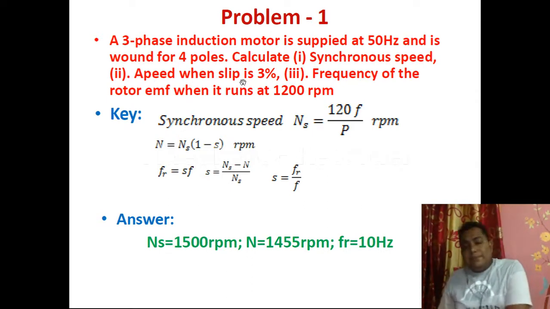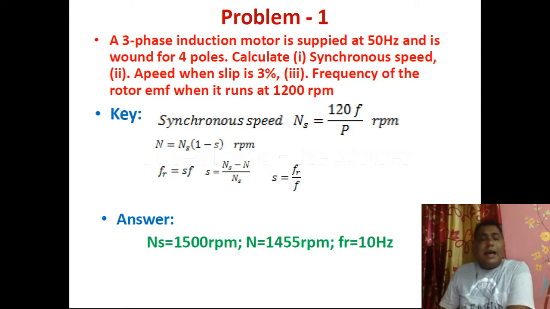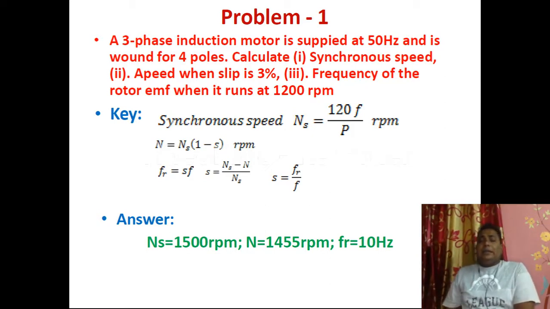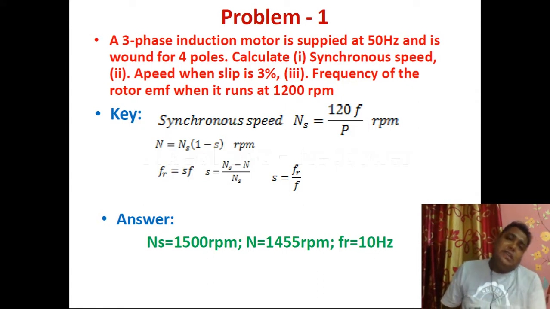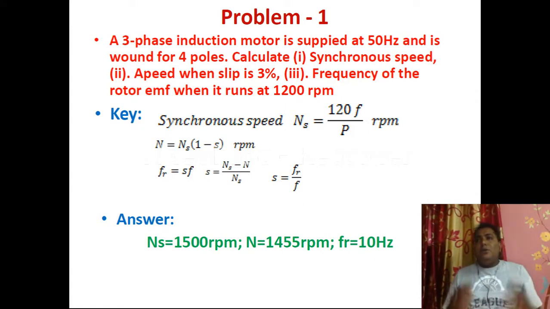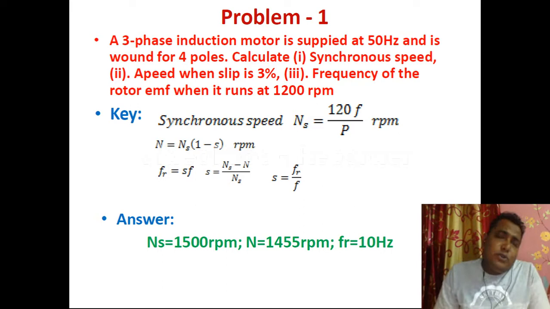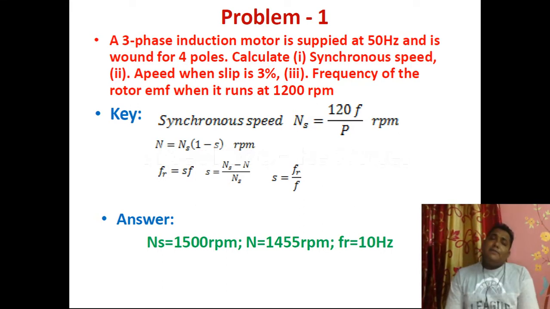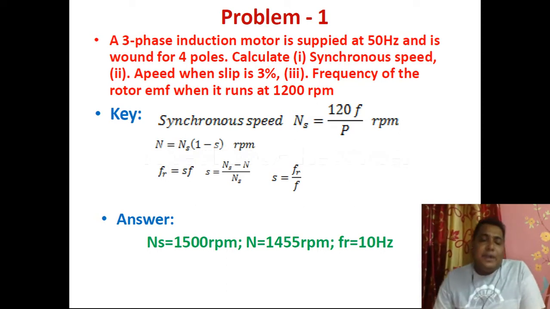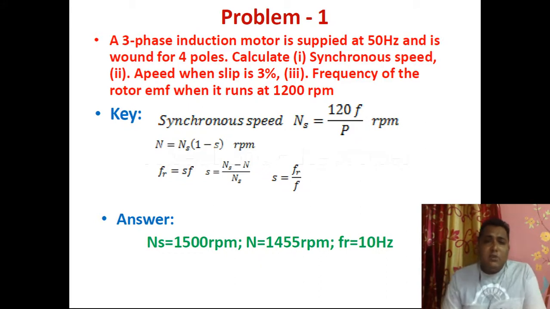Okay. Next, the speed when slip is 3%. At that time we have to find the speed of the induction motor. Speed means the rotor speed, that means we want to find N. What is the slip formula? S is equal to (Ns minus N) by Ns. In the problem S is given as 3%, and Ns we already calculated as 1500 RPM. So what is unknown in the equation?